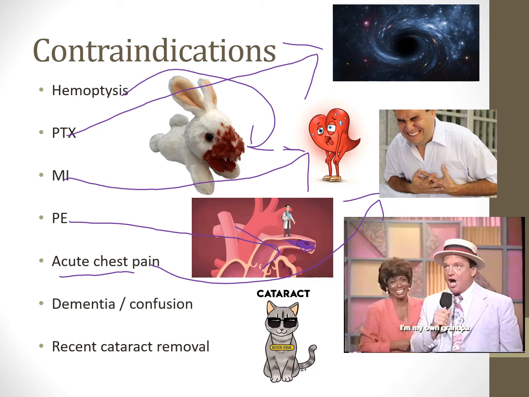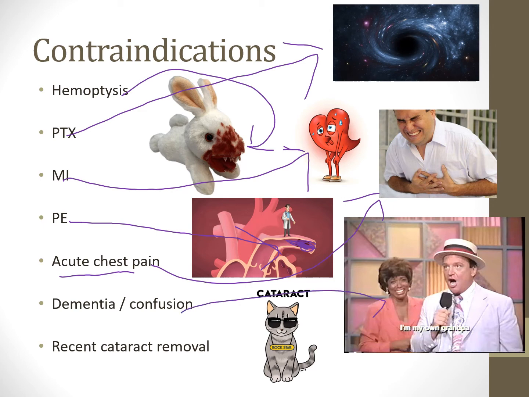This test is not an emergency test. It's usually a diagnostic test when we do it. So if the patient is unstable, especially if they're experiencing acute chest pain, a PE, an MI, a pneumothorax, or coughing up blood, those are all signs that there are more serious problems going on that we need to fix before we can get accurate data with a pulmonary function test.